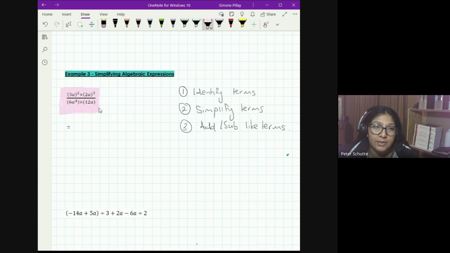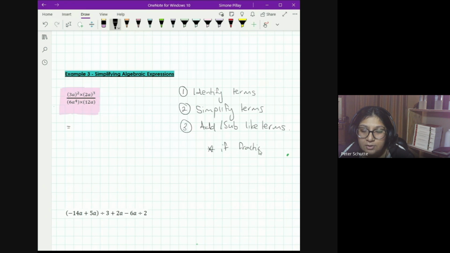So now that we have that out of the way, Rory-san, the first thing we have to do is, as part of our sub rules, if we have a fraction, we have to simplify the numerator and then simplify our denominator and then simplify the whole fraction. Okay? Yes, ma'am.